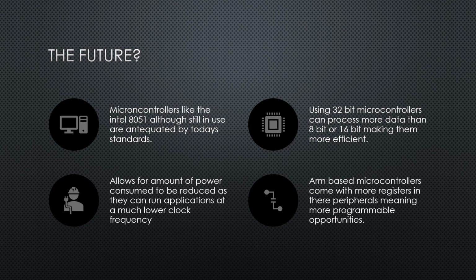Also, 32-bit microcontrollers allow for the amount of power to be incredibly reduced, as they can run any applications at a much lower clock frequency or speed. For example, ARM-based microcontrollers come with a lot more registers and peripherals, meaning there are a lot more programming opportunities to make them do just about anything you can think of.